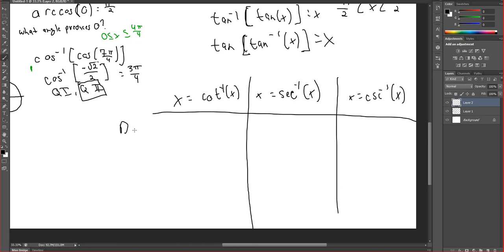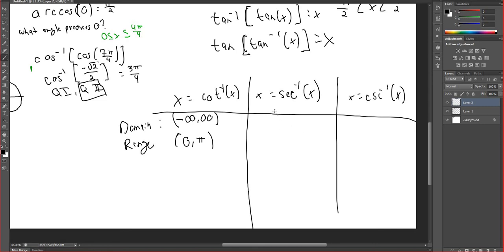And then we have our domain and our range. So for cotangent, this is again going to be negative infinity to infinity. And for here, cosine goes with 0 to pi, so since our x value is in the numerator and our y is in the denominator, our range is going to be 0 to pi.